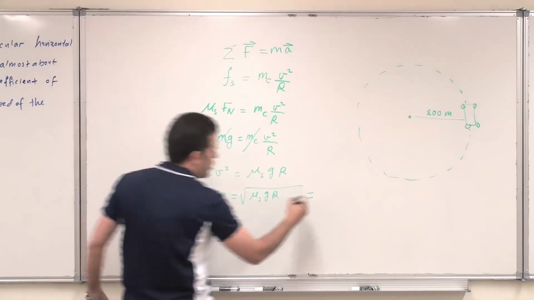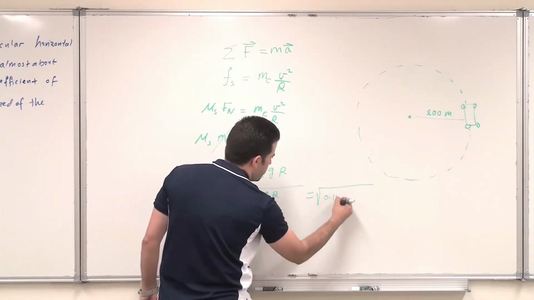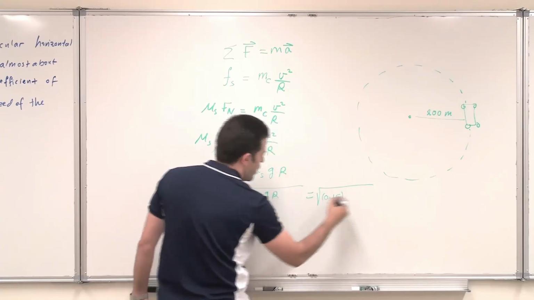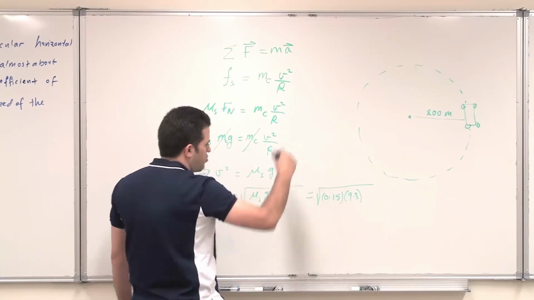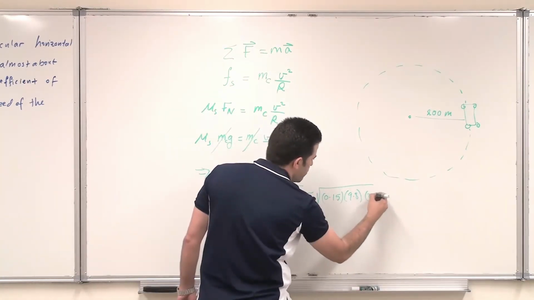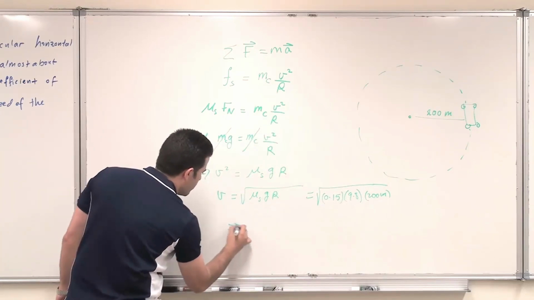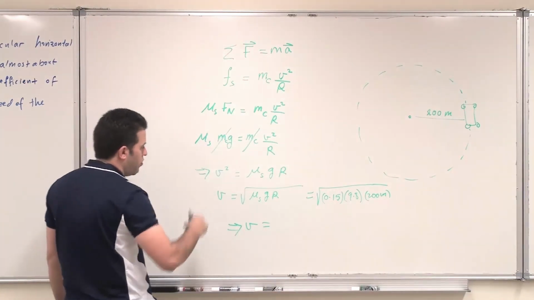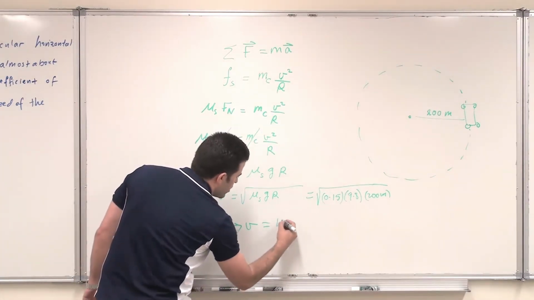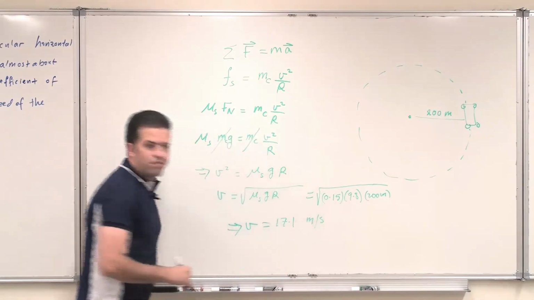We have the coefficient of static friction as 0.15, we have g as 9.8, and we have the radius of the circular track as 200 meters. This will give me that v, the speed that the car can attain without slipping, will be 17.1 meters per second. Thank you.